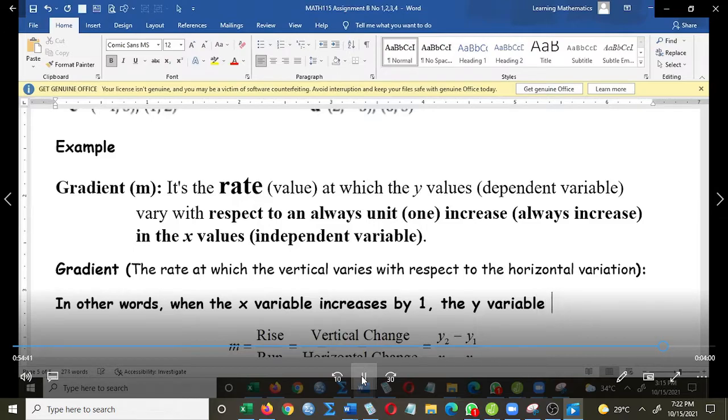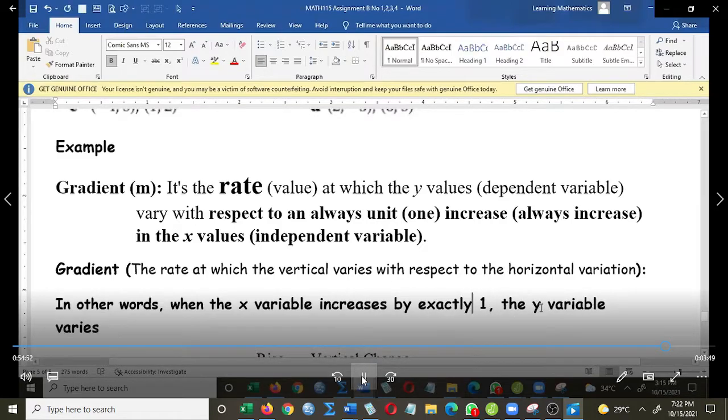It could decrease or increase. When you interpret a gradient, the x is always increasing by exactly 1. But the y variable can do anything. It can go up, it can go down, any amount. So the y variable varies by that rate.